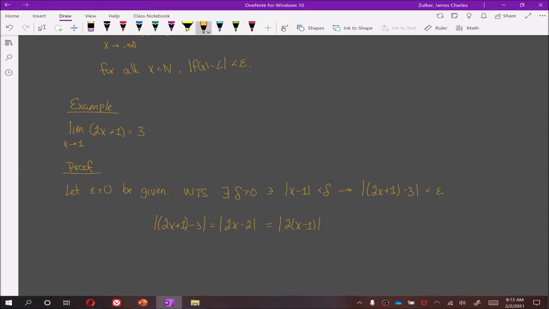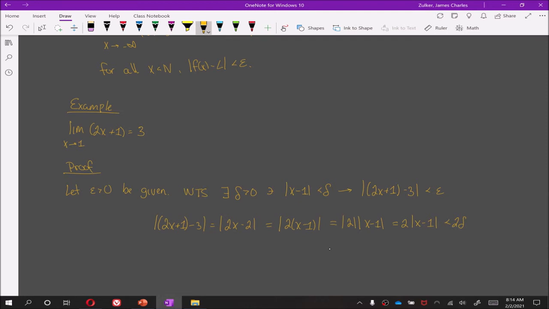Using the properties of absolute values, this is the absolute value of 2 times the absolute value of x minus 1. But the absolute value of 2 is just 2. But now, we're assuming that this absolute value of x minus 1 is less than delta. So this would be less than 2 times delta.